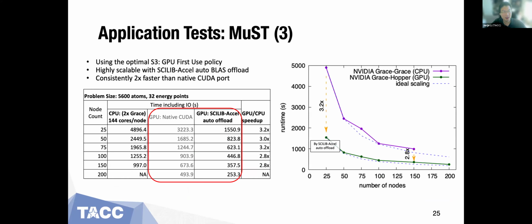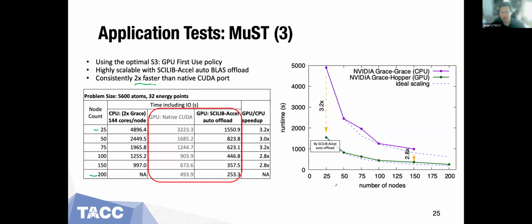So, more tests for MuST. This is a large scale run test. I scaled MuST from 25 nodes to 200 nodes on Vista. What I highlighted is the comparison of native GPU code and automatic GPU offload. The automatic GPU offload turns out to be consistently 2x faster than the native code.